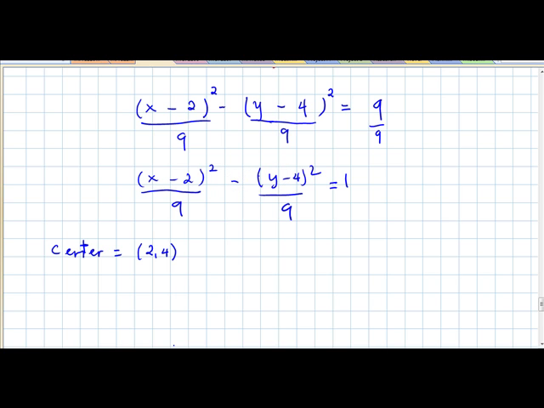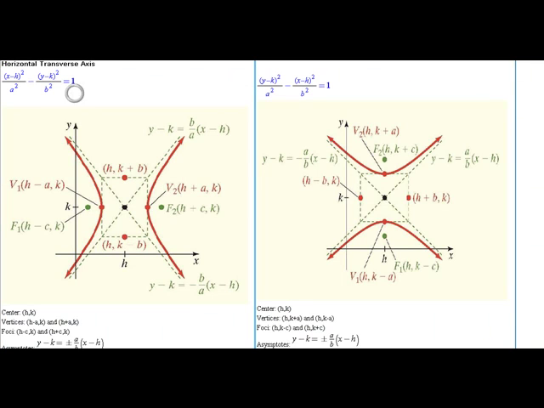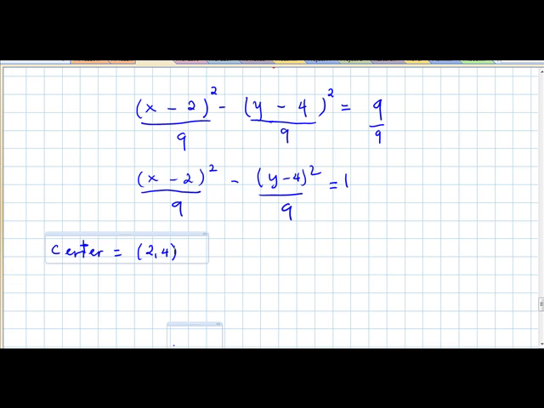That means we have the horizontal transverse axis, which from our notes is this one here. So this is our a squared and b squared here. That means our a squared is over here, and here's our b squared. In this case, they're both the same. So a is 3 and b is 3.